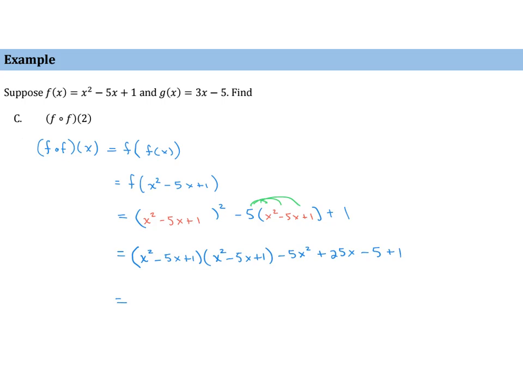Now, what is this x squared minus 5x plus 1 times itself going to be? Well, let's take x squared times each one of these. We'll get x to the fourth minus 5x cubed plus x squared. Now, let's take negative 5x times each one of these three.